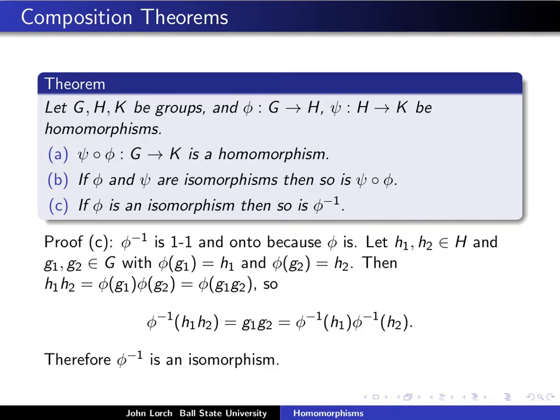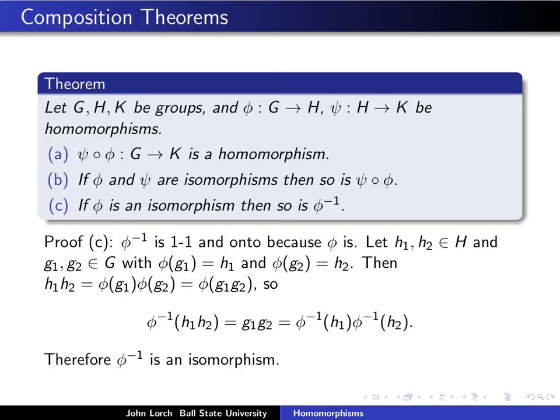So the first group of theorems that I want to show you has to do with compositions of homomorphisms. We're going to let G, H, and K be groups, and we're going to let phi from G to H be a homomorphism, and psi from H to K also be a homomorphism. Then 3 things are true. The first is that if you compose these 2 homomorphisms, you get a third function from G to K, which is again a homomorphism.